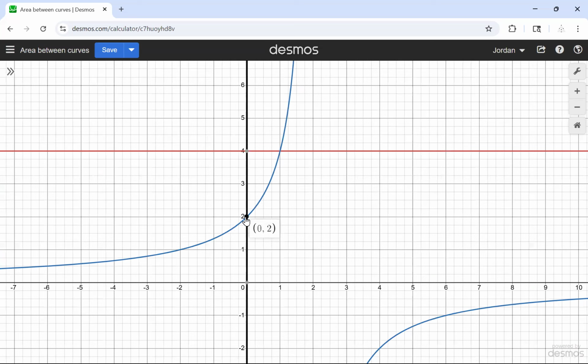Notice that this section is not quite a triangle. It's kind of triangular shaped, but it has a curved side. But the x values on this go from 0 to 1.